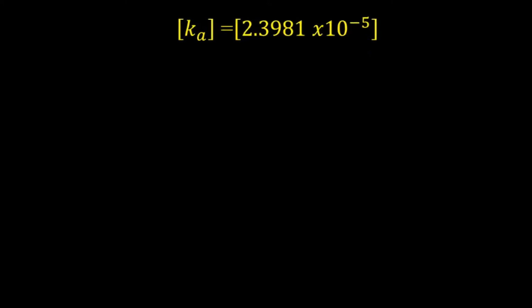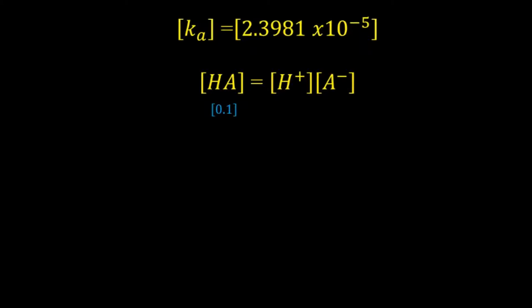Next, we'll use the Ka to determine the value for H plus. Now, we know in terms of the estimation that HA is going to be 0.1. That's the molarity of the HA solution.